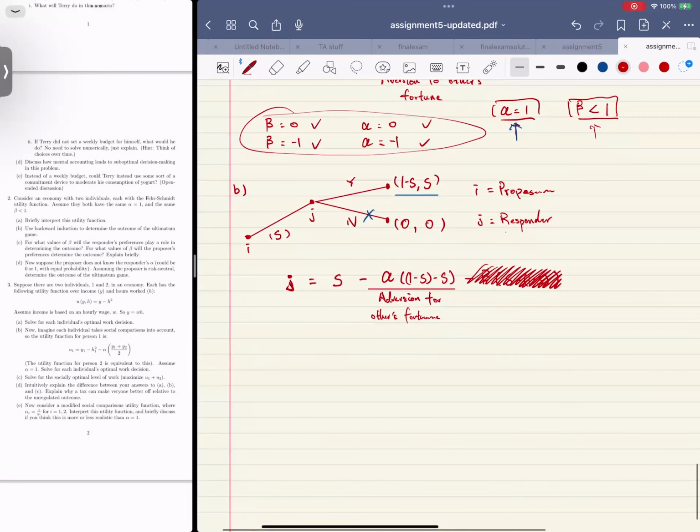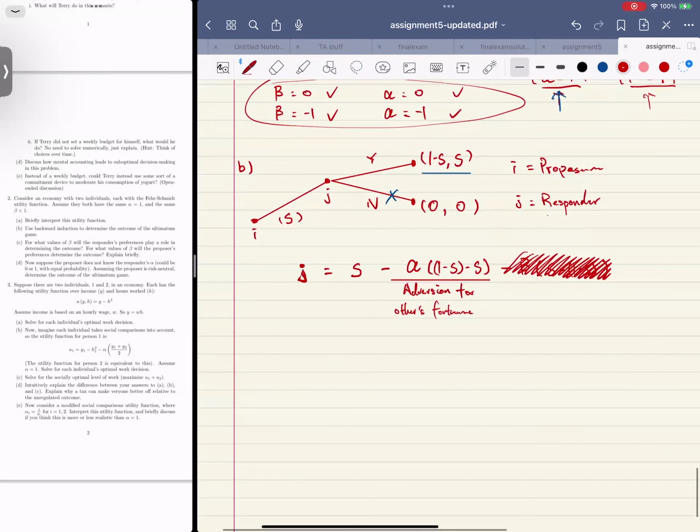Okay, so what would that number be? Let's just solve this equation. In what scenario will J accept the number that is offered?